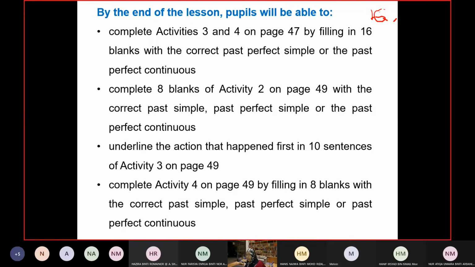However, walau bagaimanapun, when the order of event is not clear, tapi bila keadaan sesuatu ayat tu tak clear time dia bila terjadi, or when we want to emphasize which action happen first, bila awak nak menekankan mana satu perbuatan yang terjadi dulu, we can use the past perfect simple or past perfect continuous for the first action. Alright. Bila sesuatu ayat tu terjadi, awak nak menekankan balik itu perbuatan yang terjadi dulu. So you can or you may use past perfect simple or past perfect continuous.